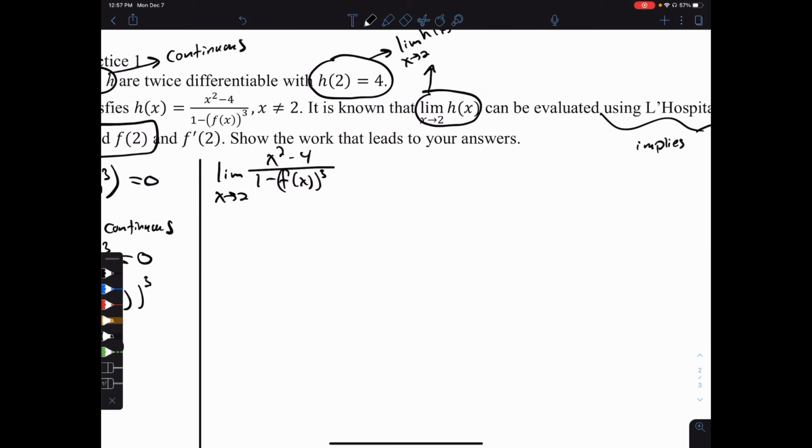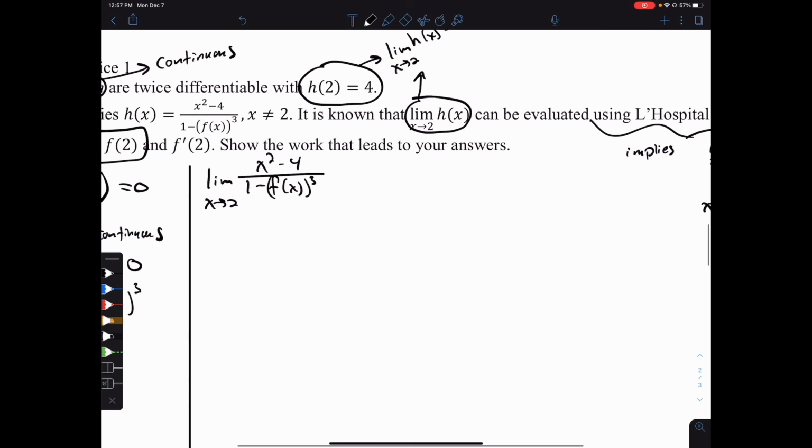So we've already determined L'Hopital's rule can be used for this because we're told that in the instructions. So this is using L'Hopital, should be equal to the limit as x approaches 2 of the derivative of the top over the derivative of the bottom. Now, the derivative of the top is pretty simple.